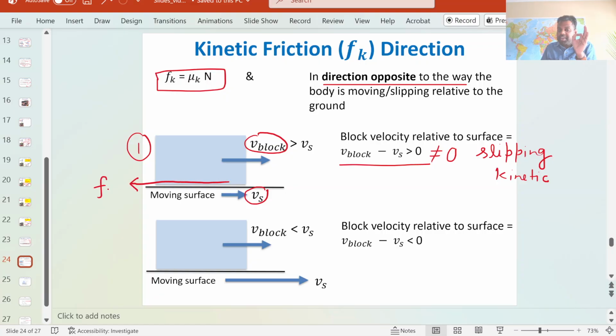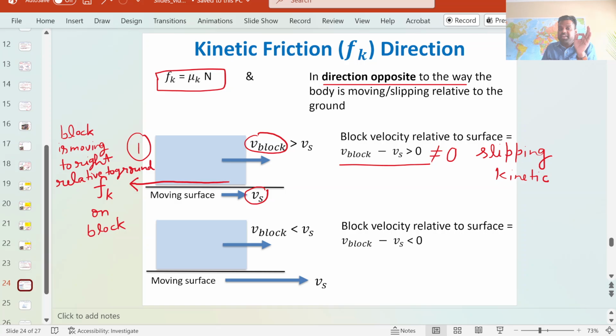This will be Fk on block, because the block is moving to the right relative to the ground. This is very important, relative to the ground. And you will see it in the second example.